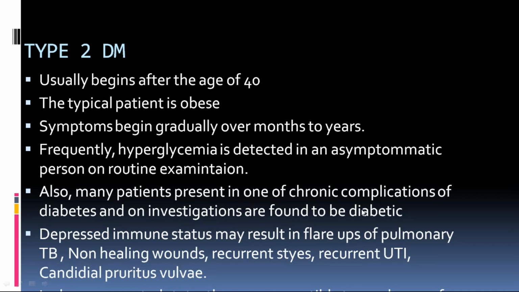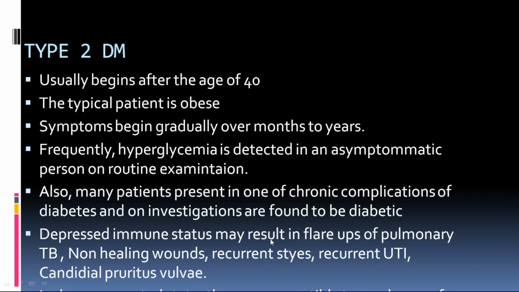So over years it affects the nerves, the eyes, the kidneys. They may present with some eye complaints, or with non-healing ulcers, delayed wound healing, or they might complain of neuropathy, numbness over the legs and hands. So they may present even ultimately once they reach the complications of uncontrolled diabetes, after many years.